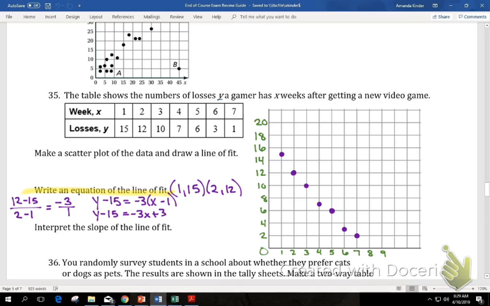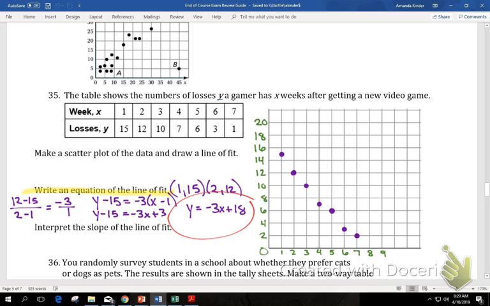Now you just have one more step. Stop talking. Look up here. One more step to get y by itself. What do you need to do to get y by itself? Add 15 to both sides. What's 3 plus 15? 18.